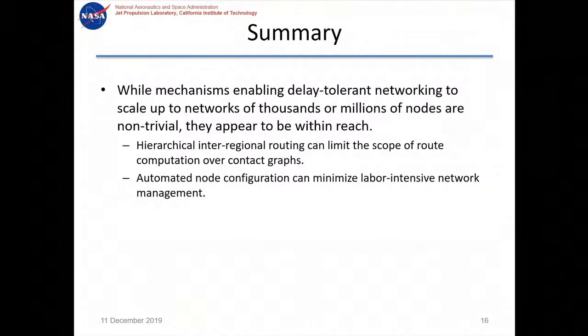That's a really good question, and we've explored that question to some degree, but we're still early enough in the process of working out the details of hierarchical interregional routing that we don't really have an answer yet. We know the key principle here is that it's important for regions strictly to nest.